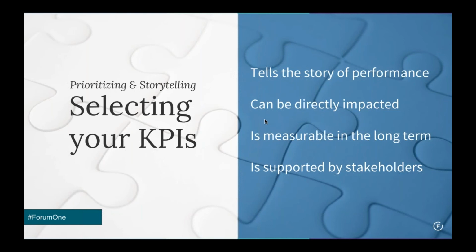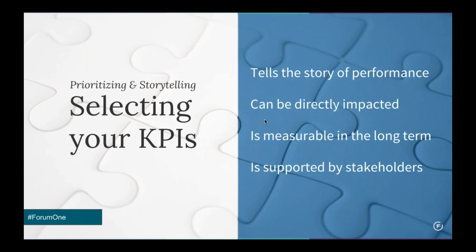They were interested in tracking and changing the language around how people talk about slavery. Instead of talking about slavery, they want to talk about enslaved peoples. So being able to track over time how many people are searching on the keyword they're trying to shift to is a really strong KPI. But if you and your organization aren't able to change the language, you want to make sure that you're not trying to track something that can't be impacted.